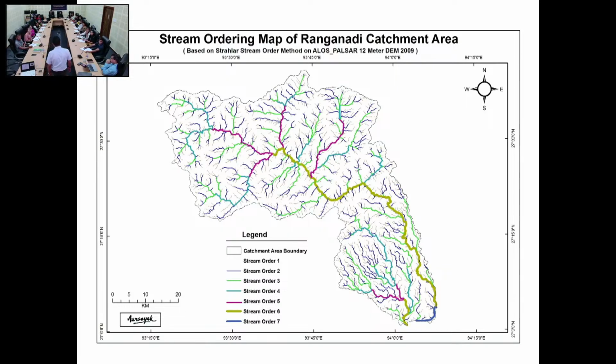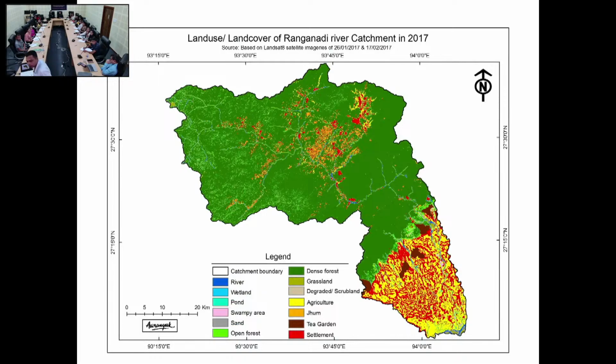Okay, so in that case we have to use some of the recent images. ये एक तरह का land use, okay, of that particular catchment.